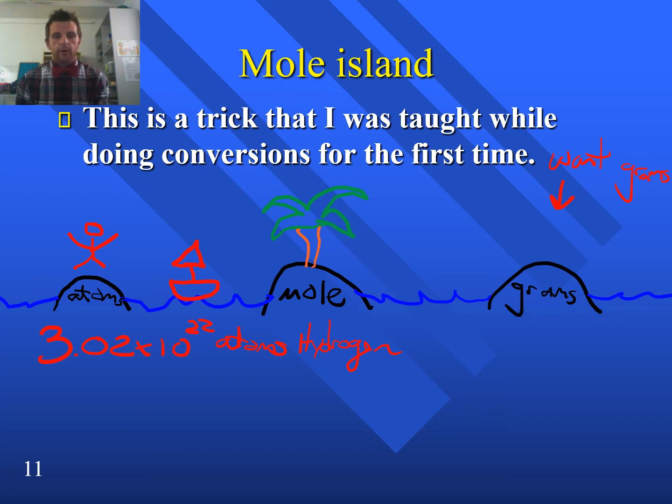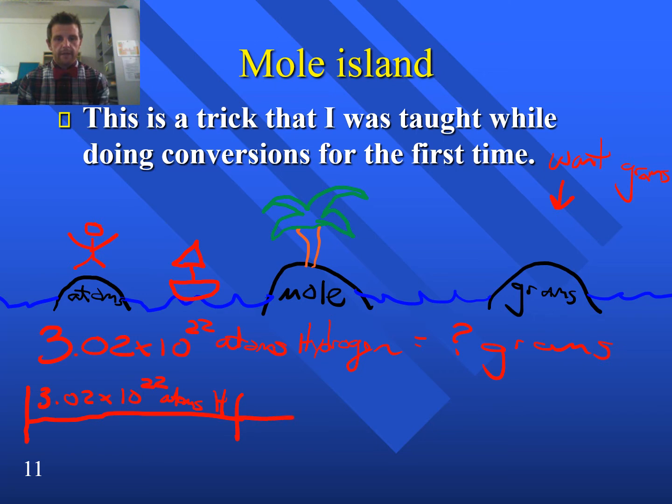And I want to know how many grams that is. The problem starts out the same exact way. I'm going to make my little box, and I'm going to put my given, what I know, up on the top. So 3.02 times 10 to the 22nd atoms of hydrogen.